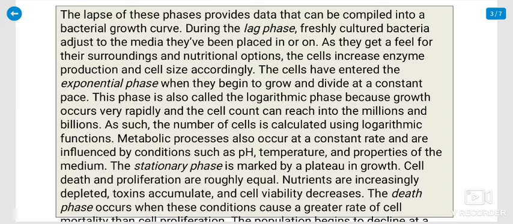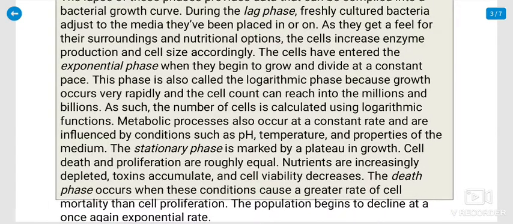The metabolic processes also occur at a constant rate and are influenced by conditions such as pH, temperature, and the properties of the medium. The stationary phase is marked by a plateau in growth. Cell death and proliferation are roughly equal. Nutrients are increasingly depleted, toxins accumulate, and cell viability decreases.